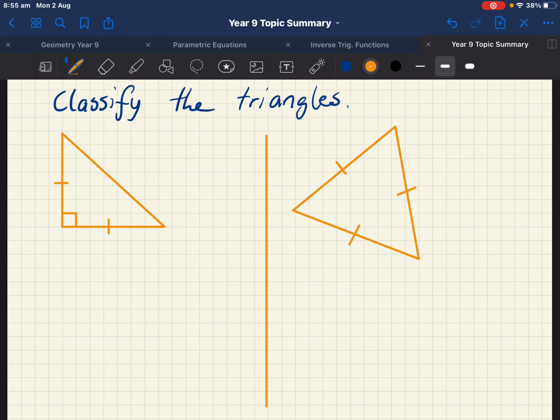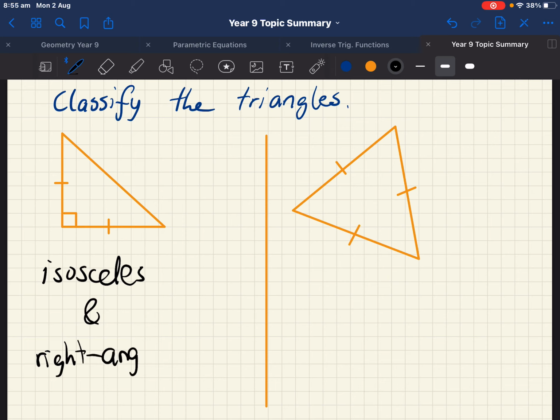Okay, so for myself, looking at this first one, we've got two sides that are equal. So this triangle is isosceles, and it has a right angle. So it is right angled.